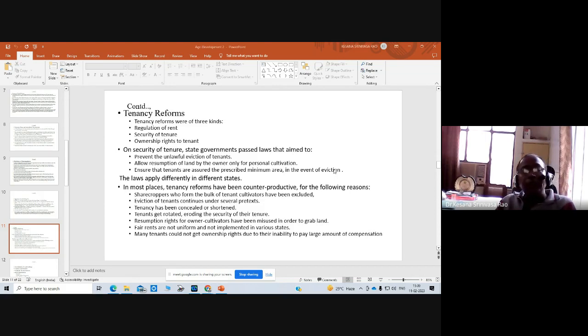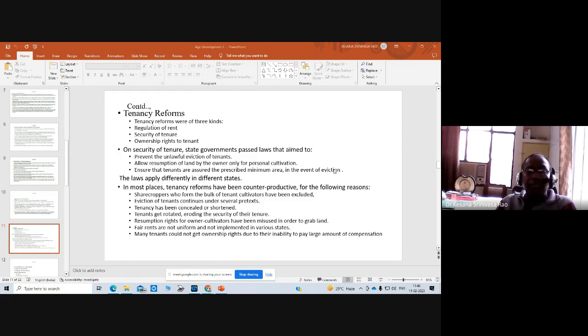On security of tenure, state governments passed laws that aim to prevent the unlawful eviction of tenants, allow resumption of land by the owner only for personal cultivation, and ensure that tenants are assured the prescribed minimum area in the event of eviction. The laws apply differently in different states.